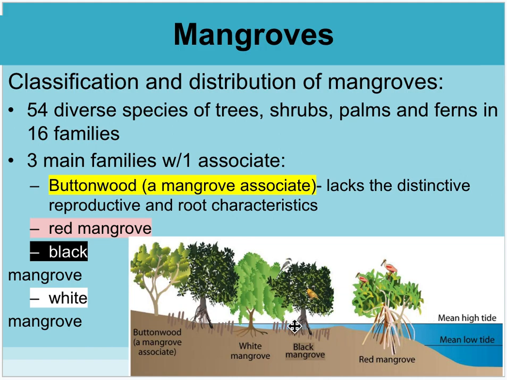But then it has this extra thing where it sends its roots looping down and back up out of the water and out of the mud to help it breathe. So it helps stabilize and comes back up, which is really cool. And I'll show you some pictures of that.